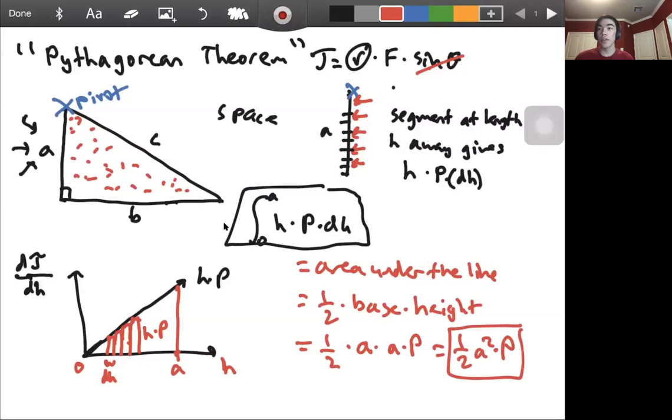So we can do a similar thing for the torque exerted on C, which is 1/2 C squared times P, because sides A and C are the same thing. They're just a length extending from the pivot. So we can apply the same process to it.